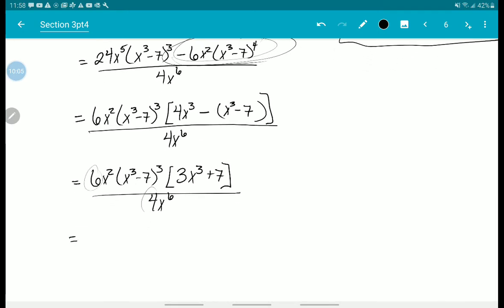You can reduce those numbers. 2 goes into both. And we can reduce those x's. We have x to the fourth left in the bottom. And there's our final answer.